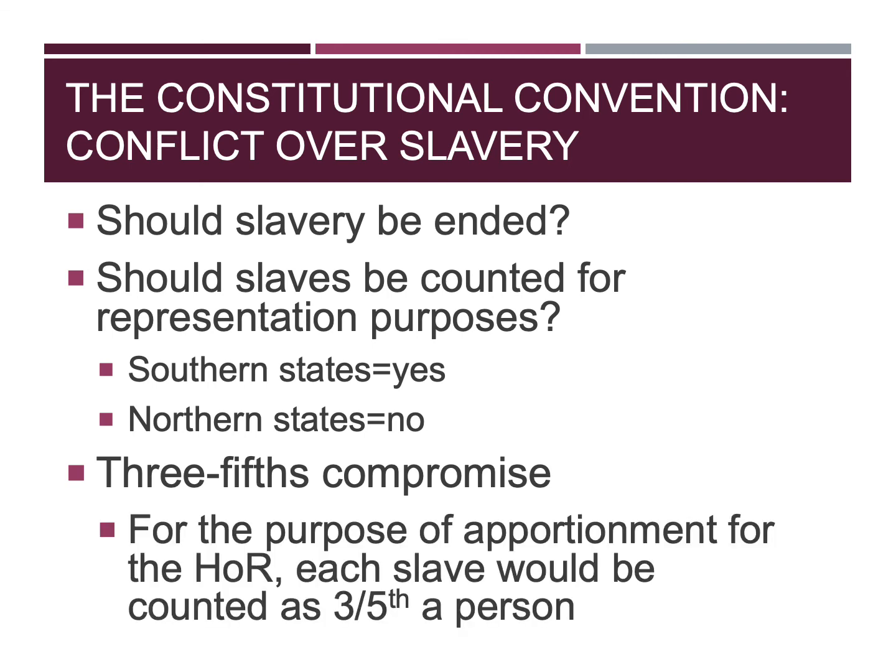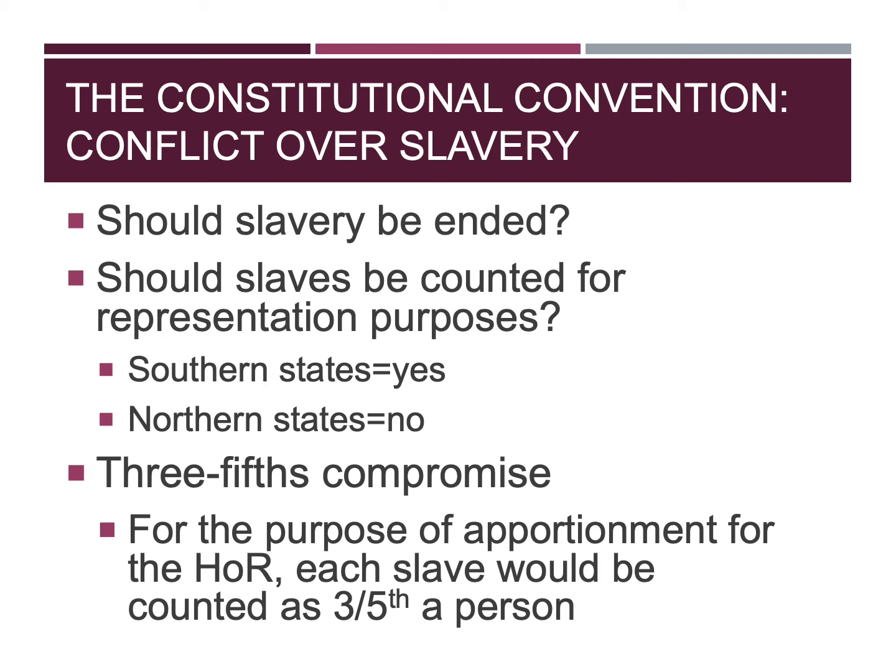And so the three-fifths compromise is that, when it comes to apportionment for the House of Representatives, in other words, as we're trying to figure out how many representatives each state should have, each slave would be counted as three-fifths of a person. Okay, so if you had 10 slaves in your state, for purposes of figuring out how much representation you should get in the House, they would be counted as 6 people.